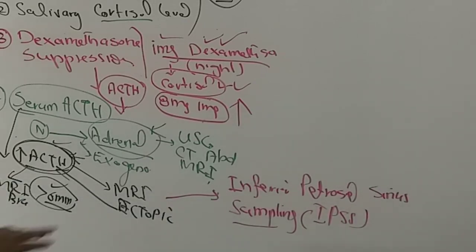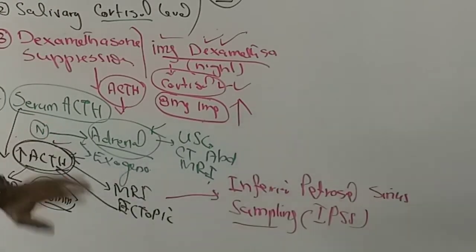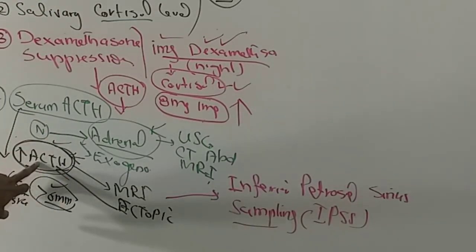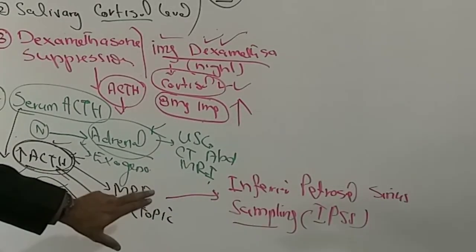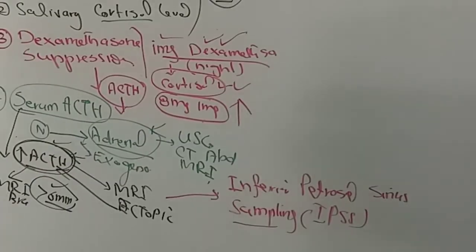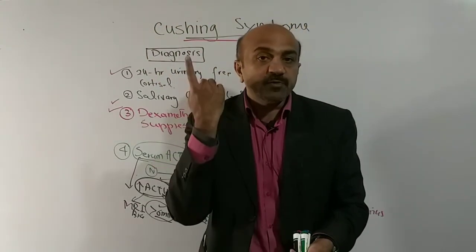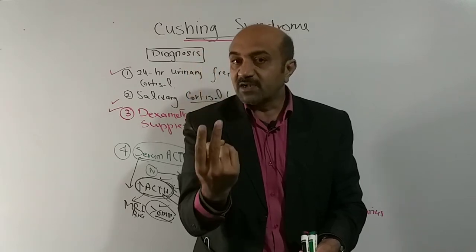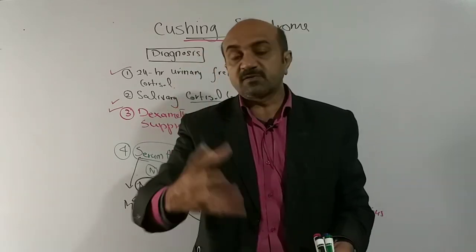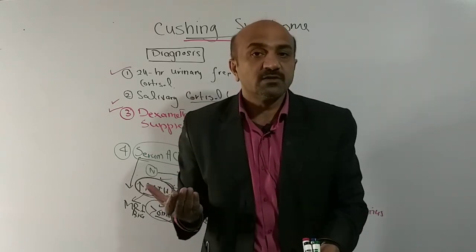But if inferior petrosal sinus sampling shows that the central to peripheral ACTH concentration is low, then the source is from the ectopic side. What are those ectopic ACTH reasons? It may be carcinoid tumor, it may be small cell lung carcinoma, it may be some other tumor.